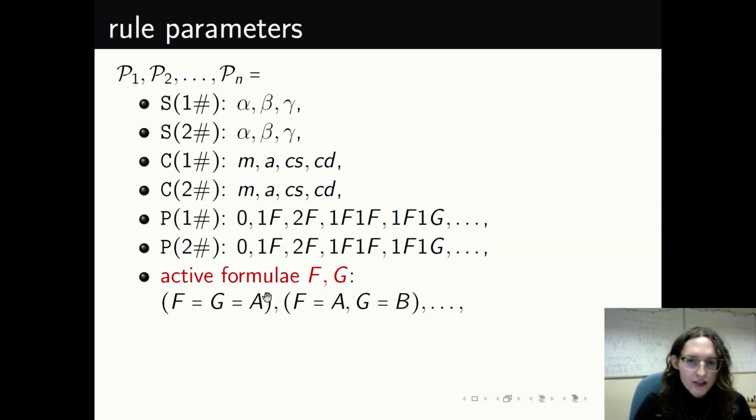So f and g could be a, f could be a, but g could be b. So this could be either 1a, 1a, if we have that assignment, or it could be 1a, 1b. Sorry, I meant 1a, 1a in the first case, and then 1a, 1b in the second case.